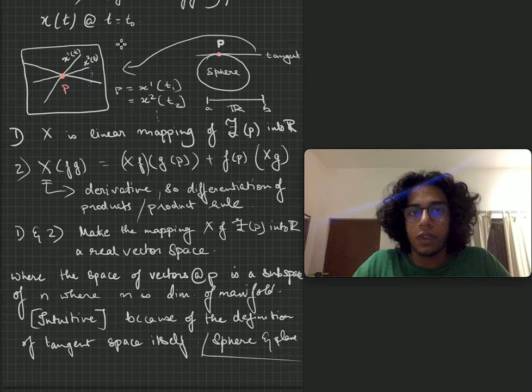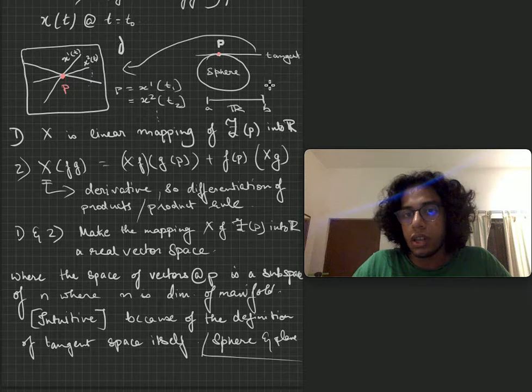Take this as dz. An element of this is dz.